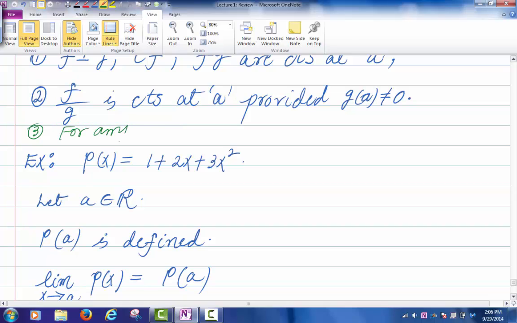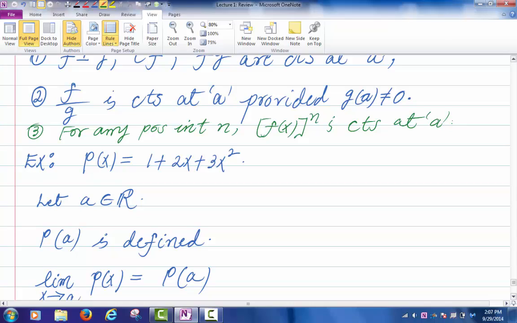For any positive integer n, the function f of x to the n is continuous at a. So if f is continuous at a, then any power of f is continuous at a as well.